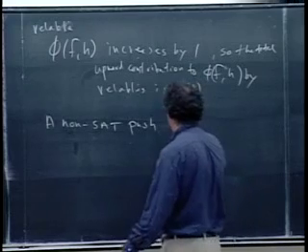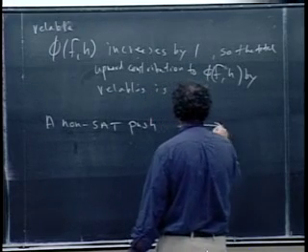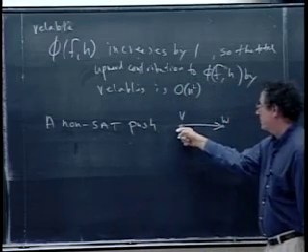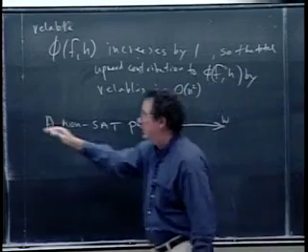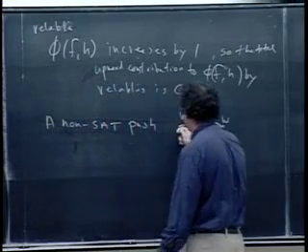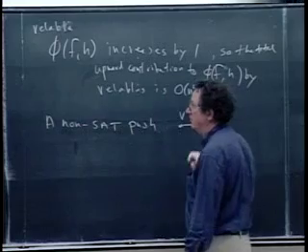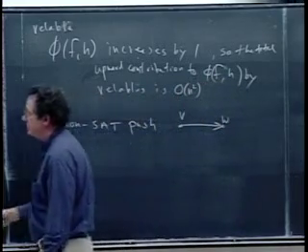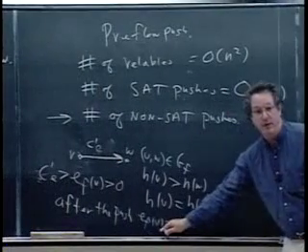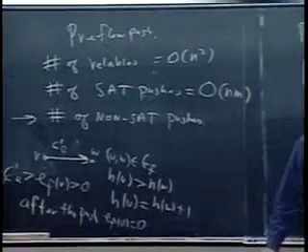Okay, so let me just draw a picture. You're doing a non-saturating push from V to W. Again, because we're trying to push, V definitely is part of this sum. There has to be excess there. And because it's a non-saturating push, we know that after the push, the excess at V goes to 0. So now V is no longer part of that sum.